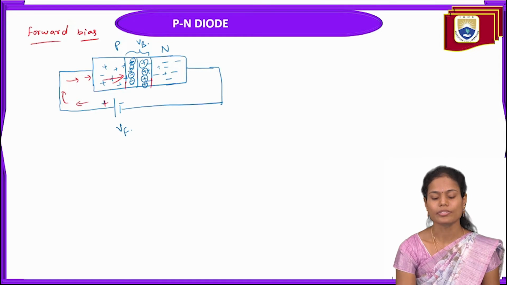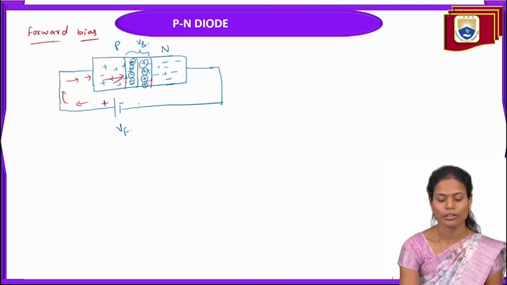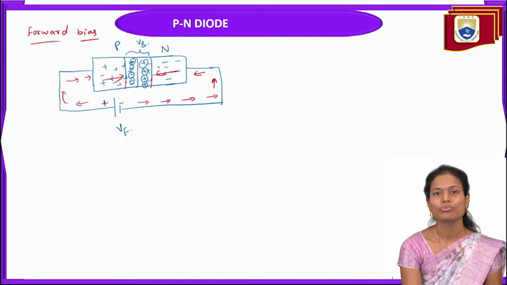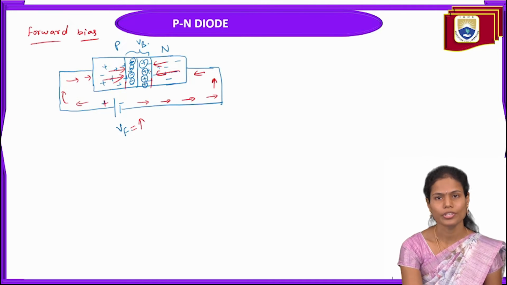Similarly, the electrons in the n-type material are also repelled by the negative terminal, and they move in this direction. So the movement of holes as well as electrons is towards the depletion region. If we increase this voltage, the force increases, and more electrons from this side and holes from this side are pushed towards the depletion region.